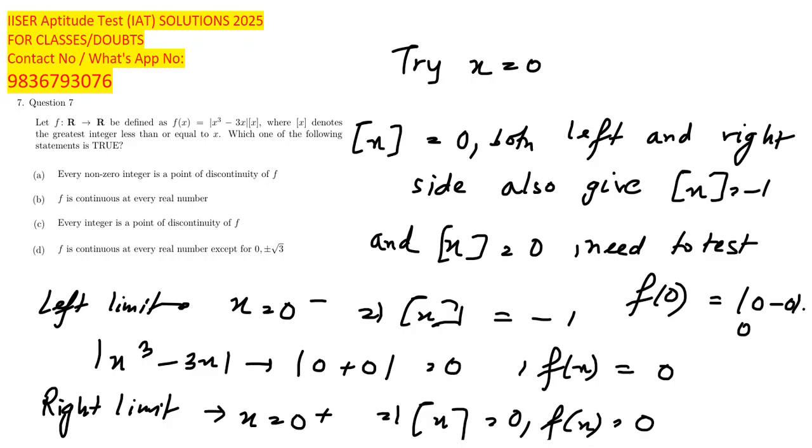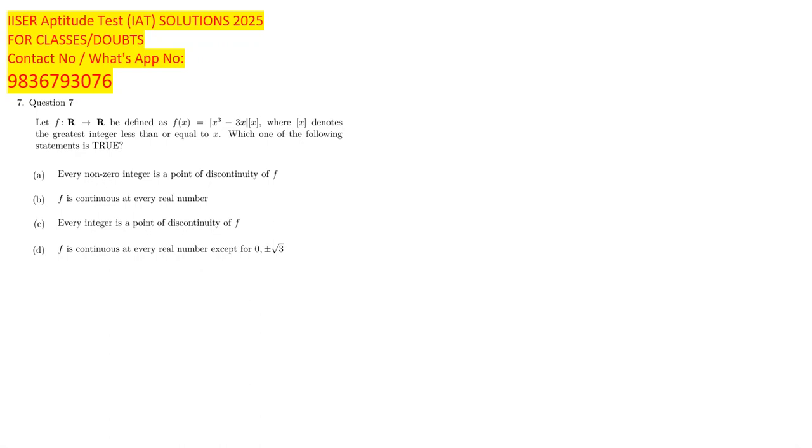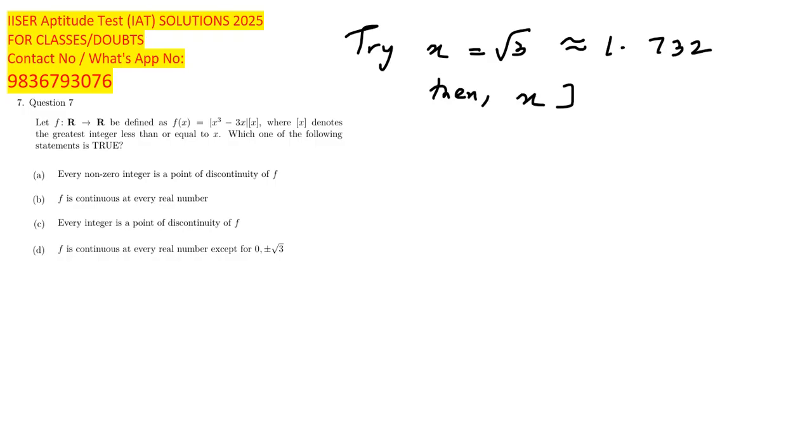Now the fourth one: f is continuous at every real number except. Let's try x = √3, which is 1.732, so [x] is 1.